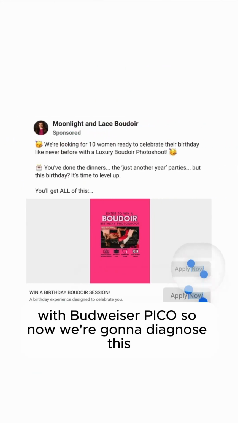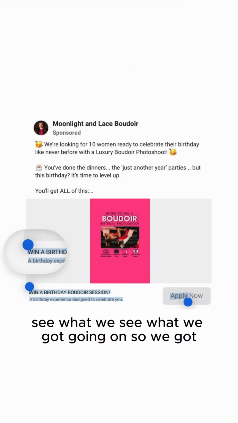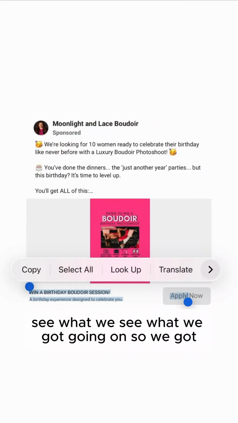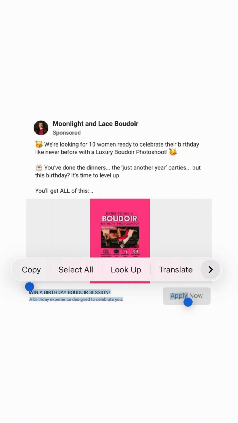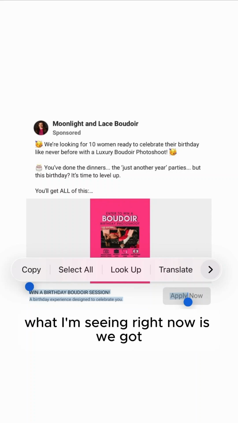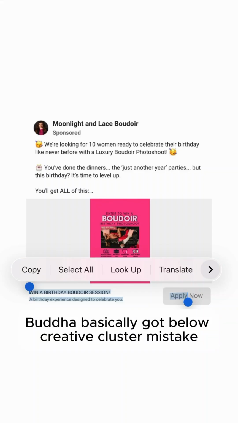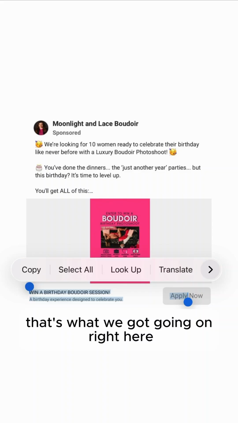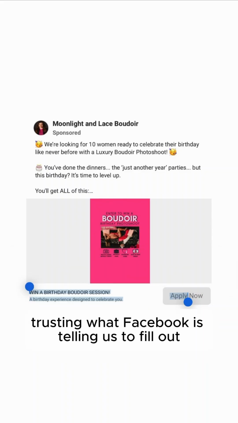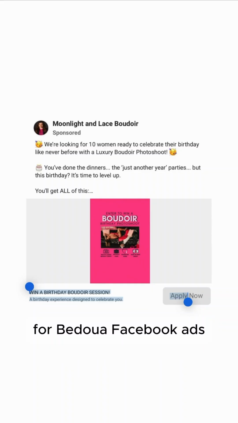So now we're going to diagnose this, see what we got going on. Here's what we got. What I'm seeing right now is we got a below-the-creative cluster mistake. So we're actually trusting what Facebook is telling us to fill out for Boudoir Facebook ads.